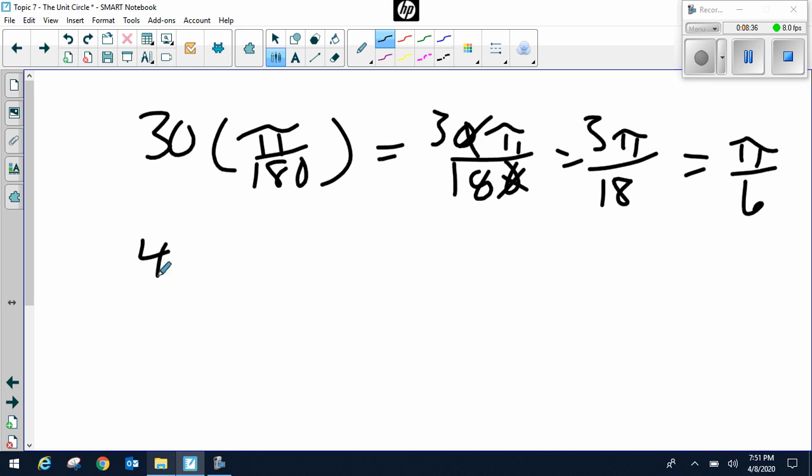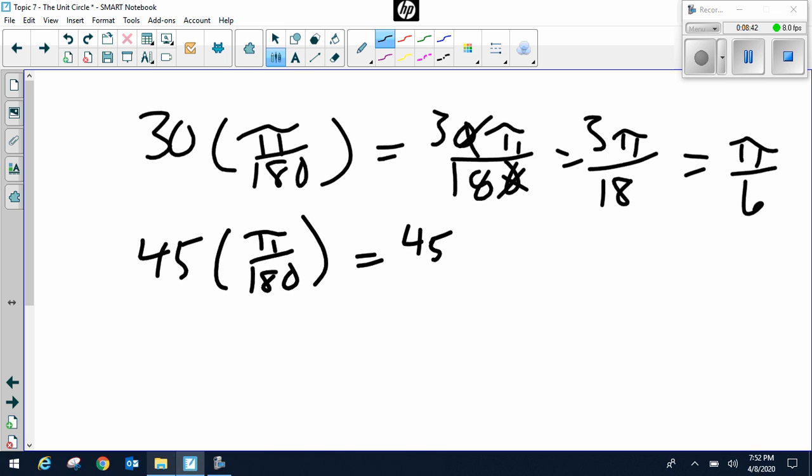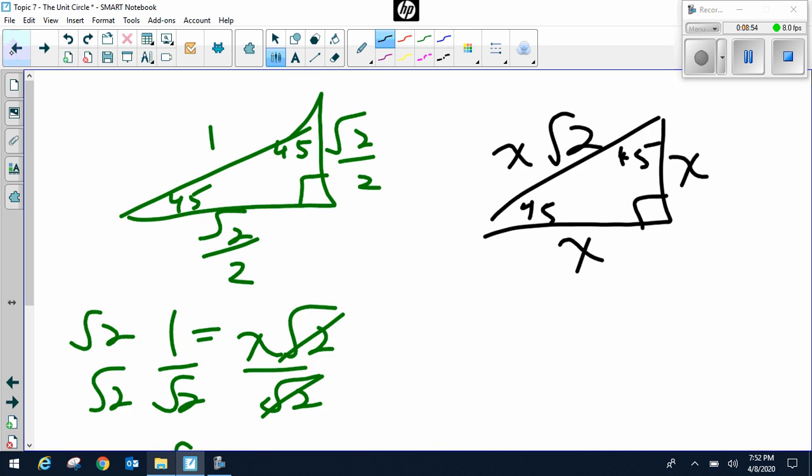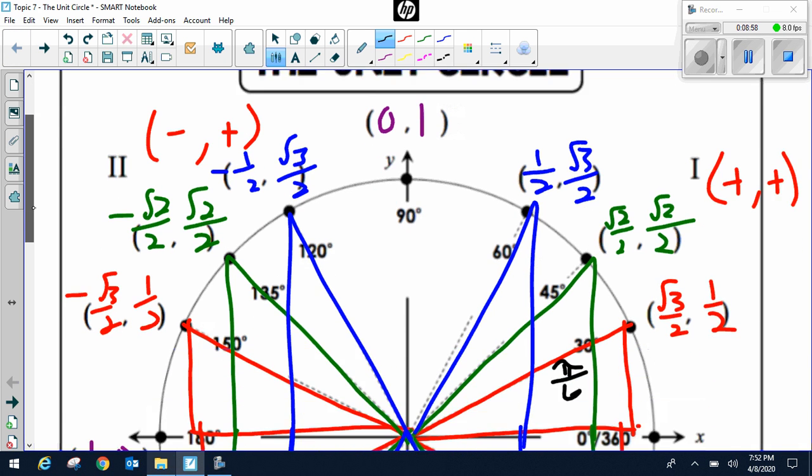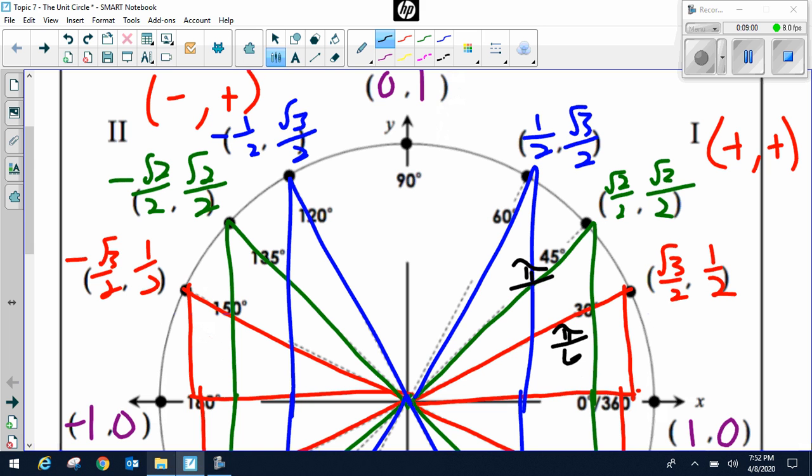For 45, same thing. Multiply by pi over 180. It's divisible by 45, so it's pi over 4. So 45 is the same as pi over 4.